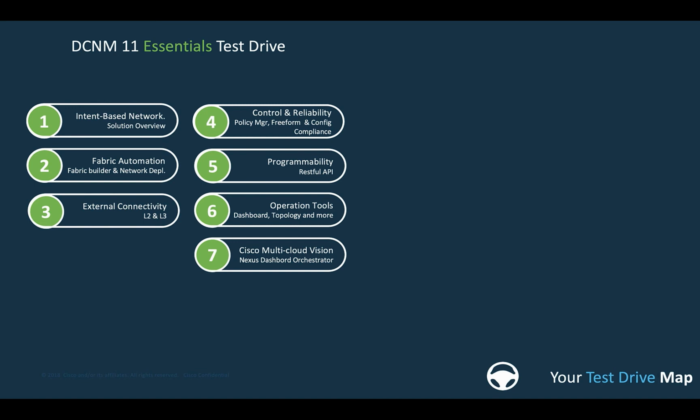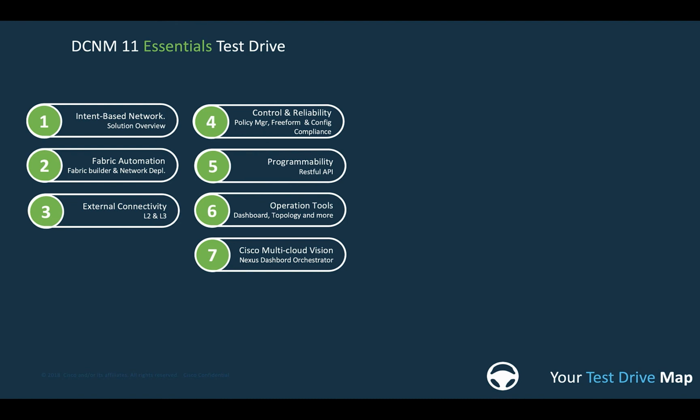And module 4 highlights the policy-based templates used by DCNM to automate the deployment of the end user intent. Module 5, actually, in addition to the DCNM graphical user interface, the fabric can be fully manageable via DCNM RESTful APIs using your own API-based management applications.